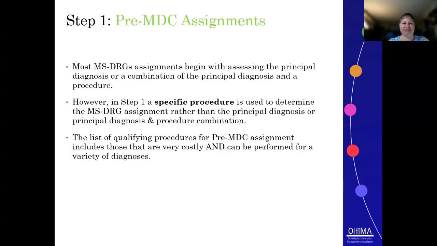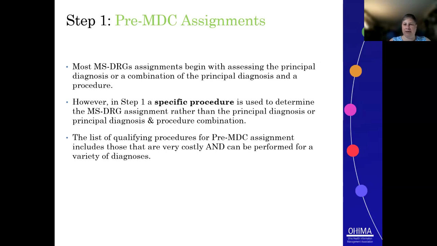Okay, so let's start in on the steps. Step one, pre-MDC assignments. Most MS-DRG assignments begin with assessing the principal diagnosis or a combination of the principal diagnosis and a procedure.